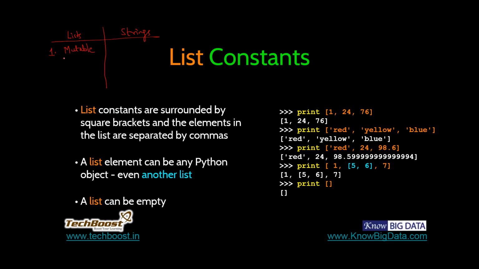Mutable is that can be changed, whereas strings are immutable, cannot change. All right, the second one, this list can be a collection of mixed types, whereas strings will be a collection of characters always.